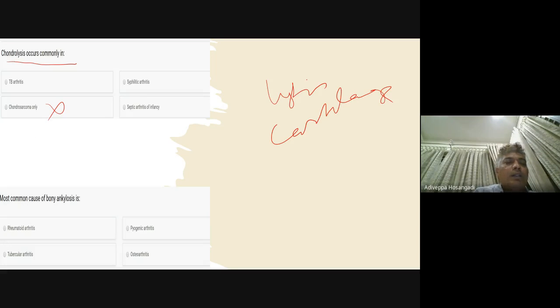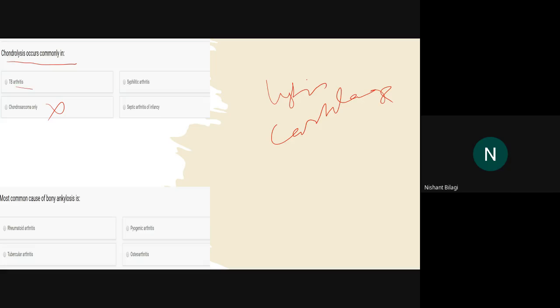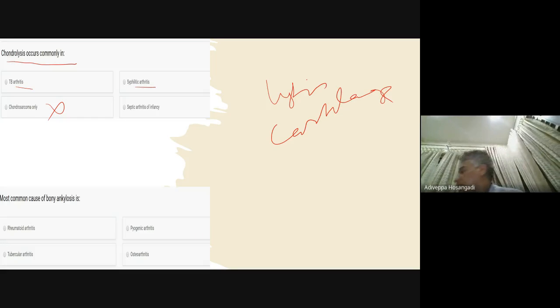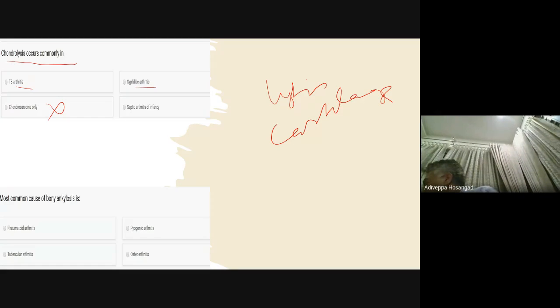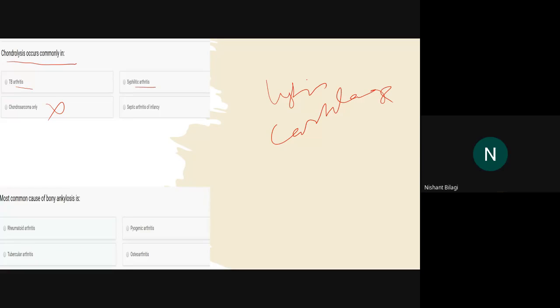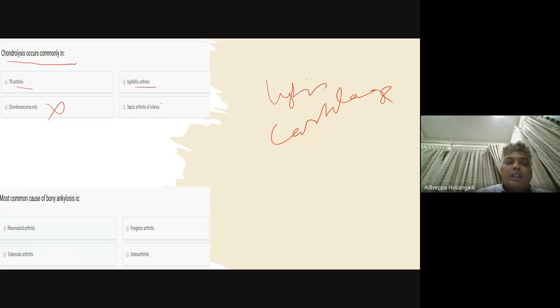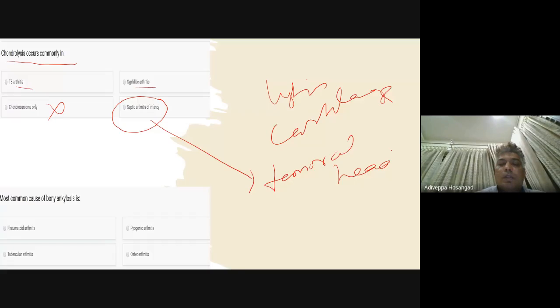So certainly chondrosarcoma is gone. Tubercular arthritis, syphilitic arthritis. Septic arthritis of infancy, where the femoral head is unossified and totally cartilaginous.